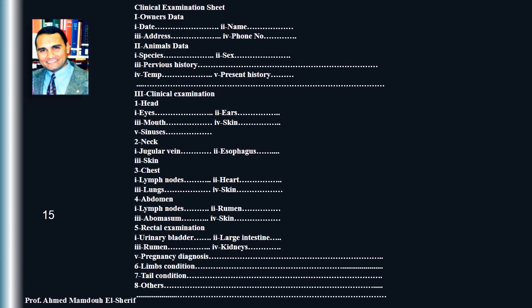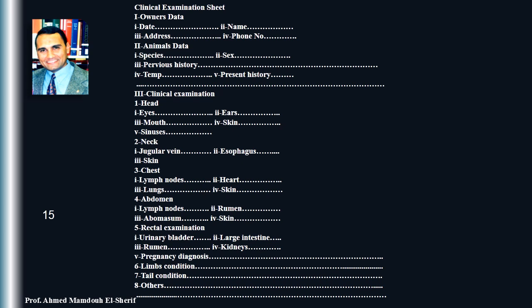This is a clinical examination sheet that has to be filled in by every veterinarian clinician when he visits a case or a herd for accurate diagnosis, as all the information filled in here will help him step by step to reach an accurate diagnosis.